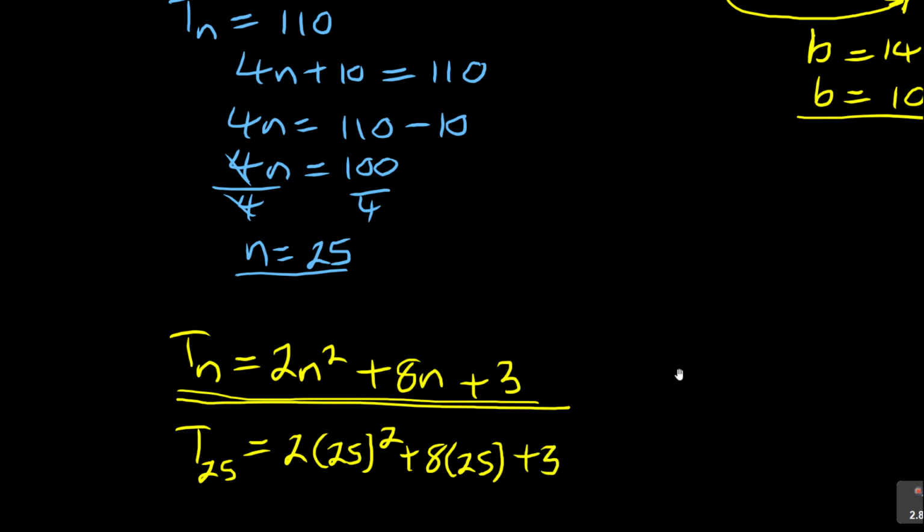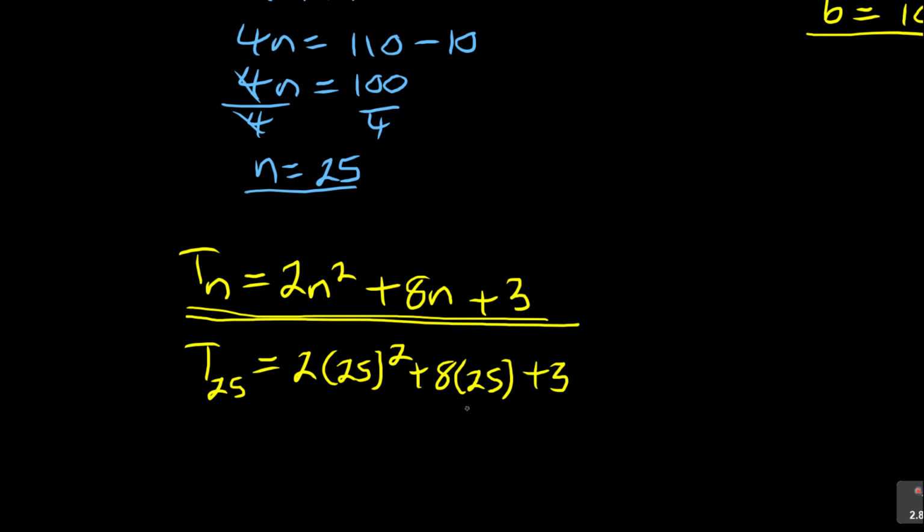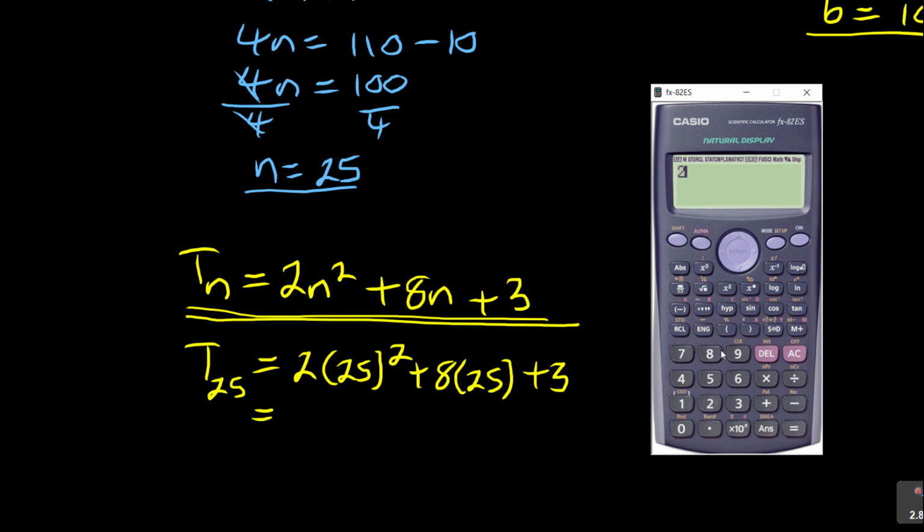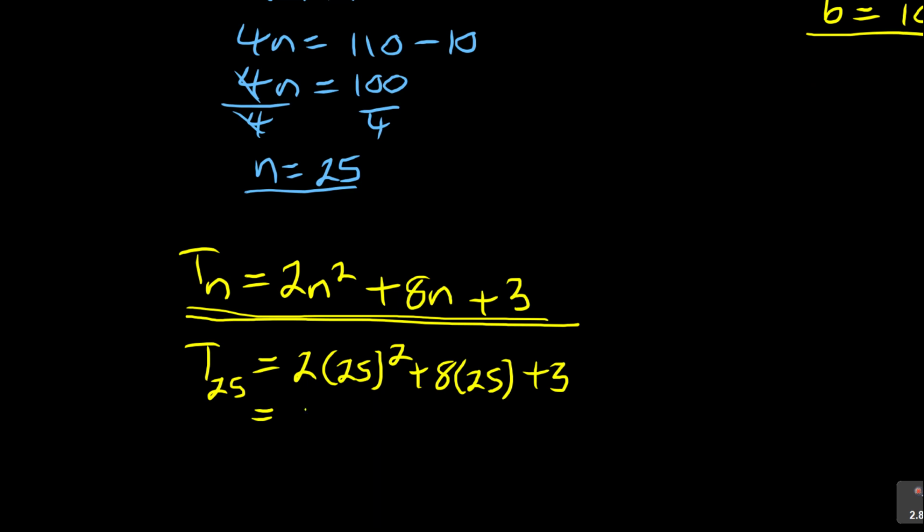Are you getting that? And then after that, I also get the answer now. What is T25? It will give me the answer: 2 times 25 squared plus 8 times 25 plus 3. I'm getting 1453.